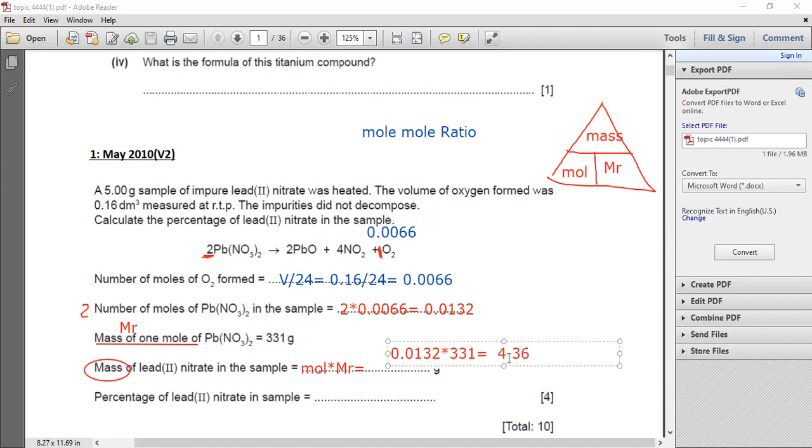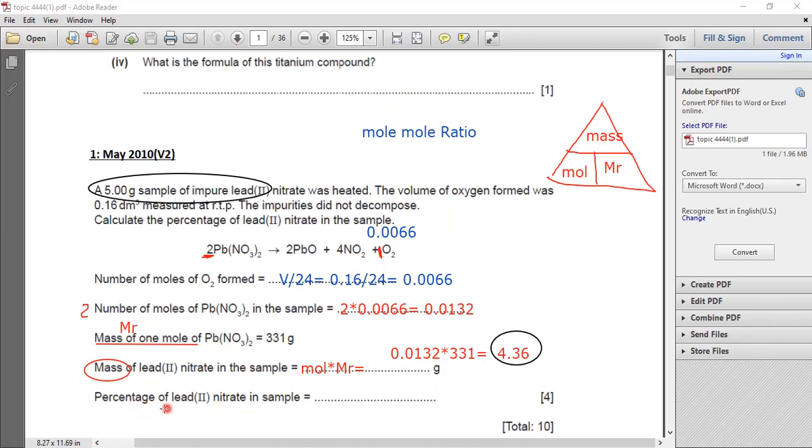Look here, 4.36. What is asked here? The percentage of lead nitrate in the sample. This is percentage purity. Lead nitrate is 4.36, but the sample is 5 grams.